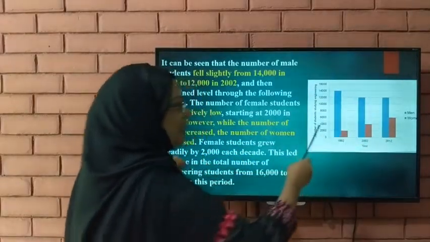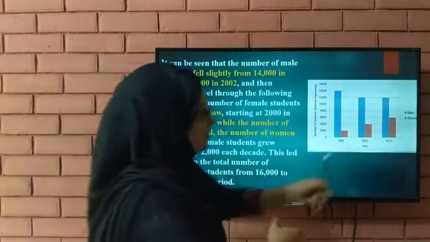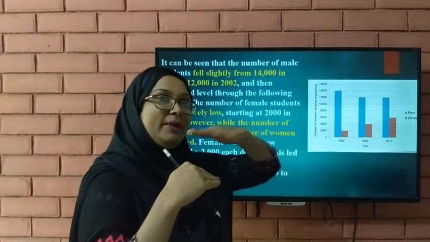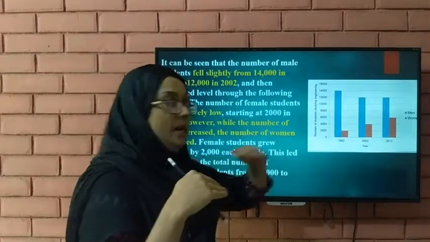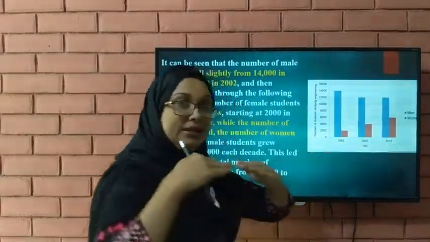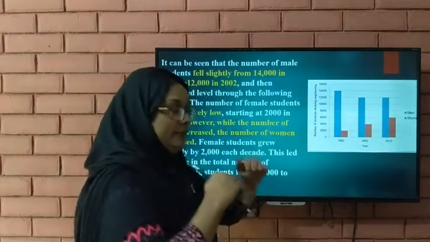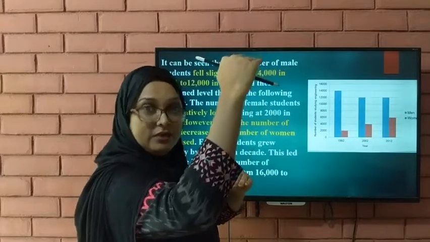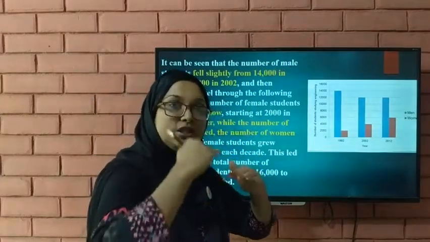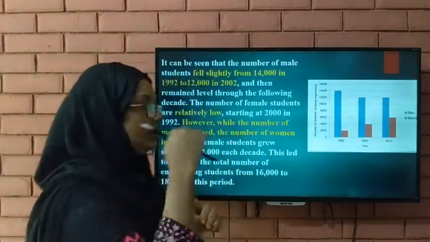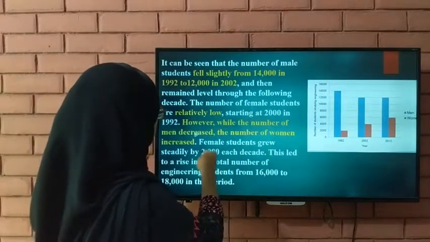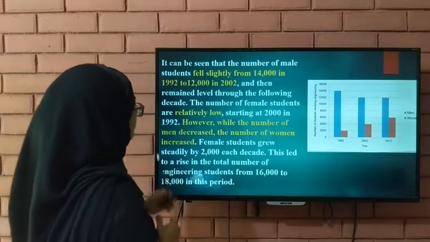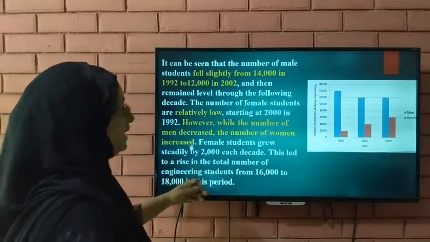And here after the interval of 10 years, again the number of men remains at the same level, but what happened to the women? Again they rose from 2,000 to 4,000, again 4,000 to 6,000, right? So it is a continuous increase. So in this way we have said that however while the number of men decreased, the number of women increased.